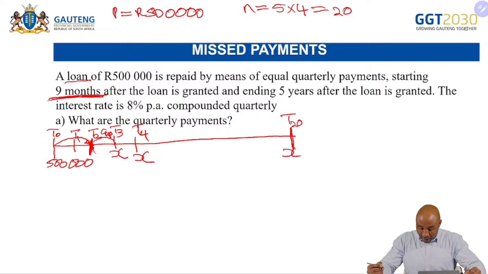So we are going to compound grow. How many quarters did we not make payments? It's 2 quarters, so our N will be 2.